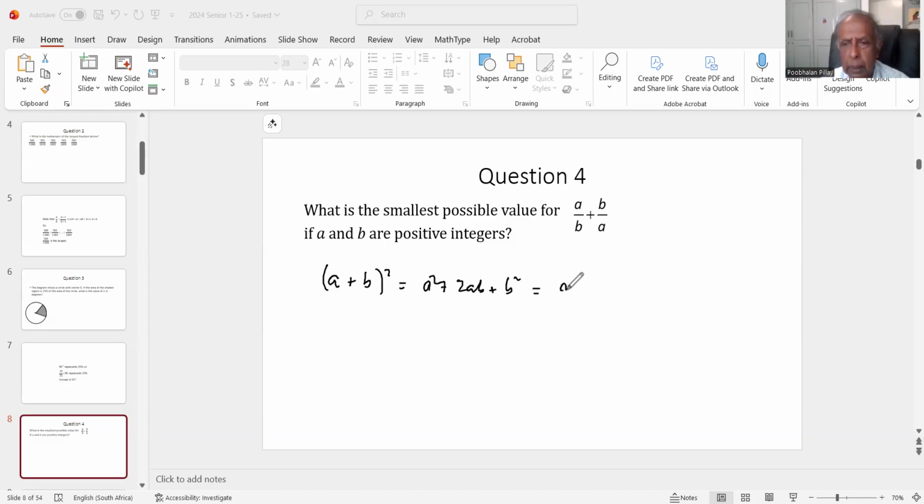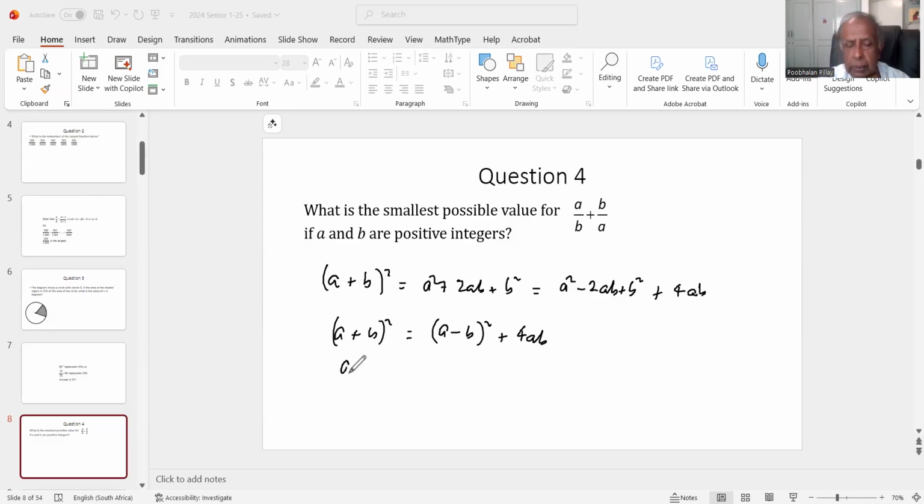But if you squeeze in a minus 2AB here, you have to make an adjustment. You have to add 4AB to make this equal. Then you get (A minus B) all squared plus 4AB. Now this is a very useful identity. It's true for all values of A and B.